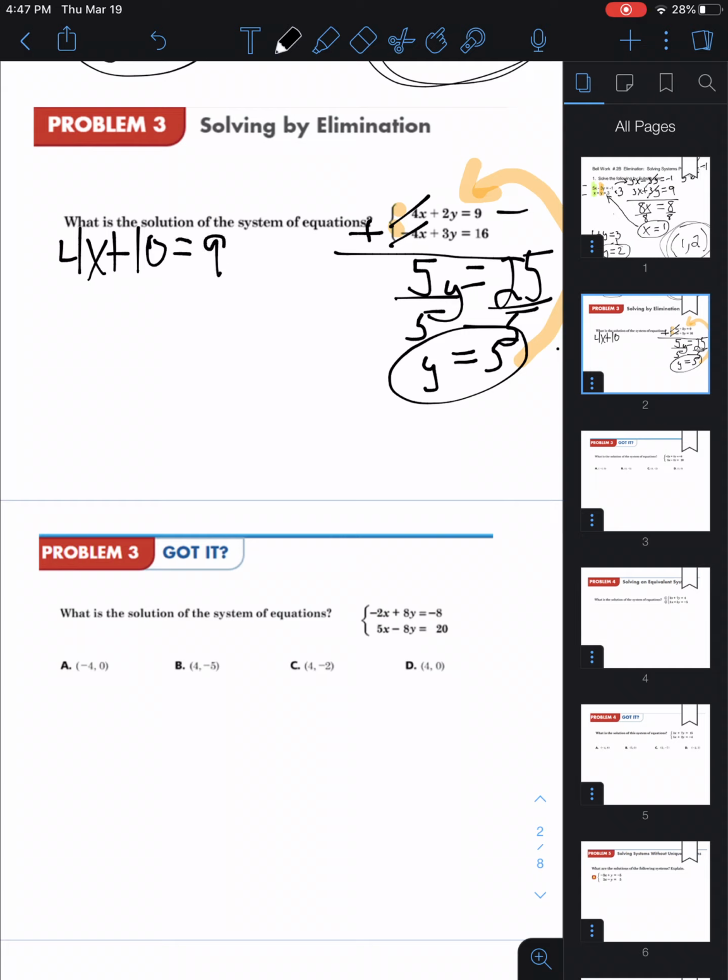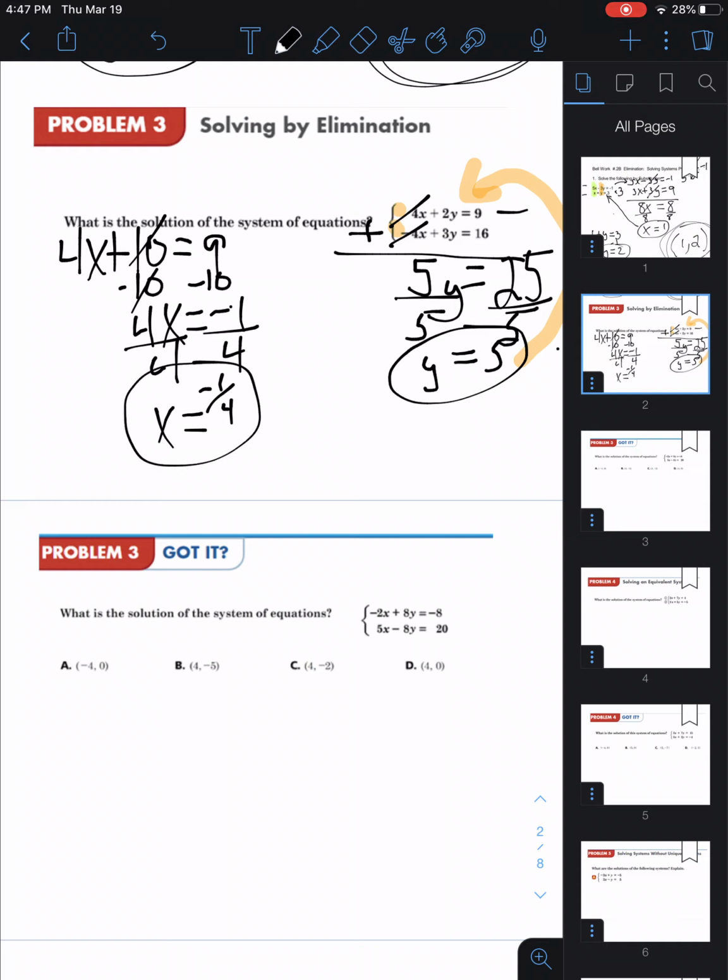Just finishing out the equation. And then if I subtract the 10 from both sides, I would get 4x equals negative 1. If I divide by 4, I get x is negative 1/4. Well, if x is negative 1/4 and y is 5, I would have negative 1/4, 5 for a solution.